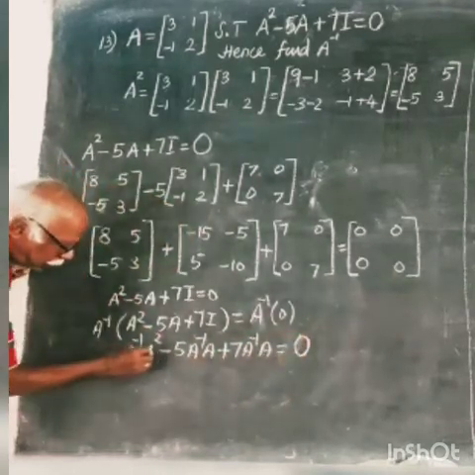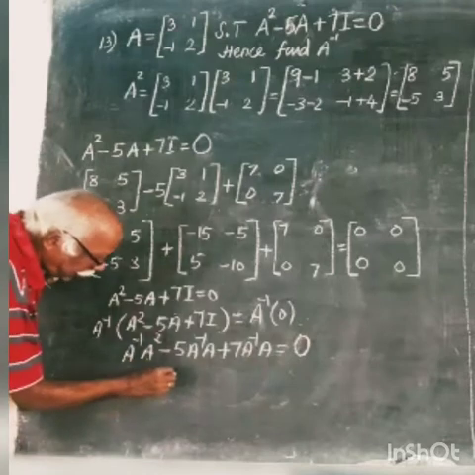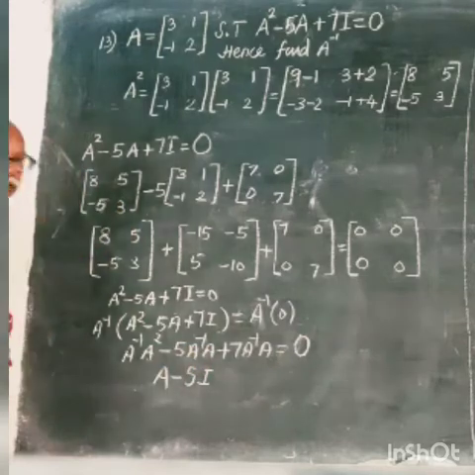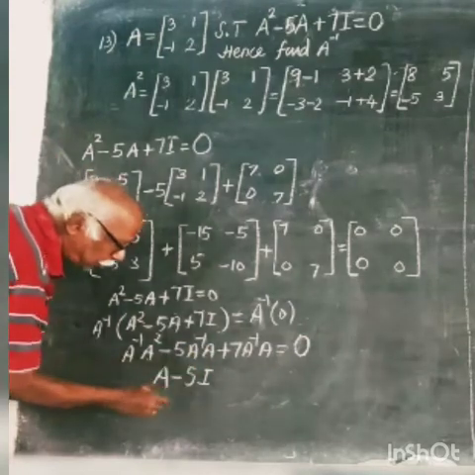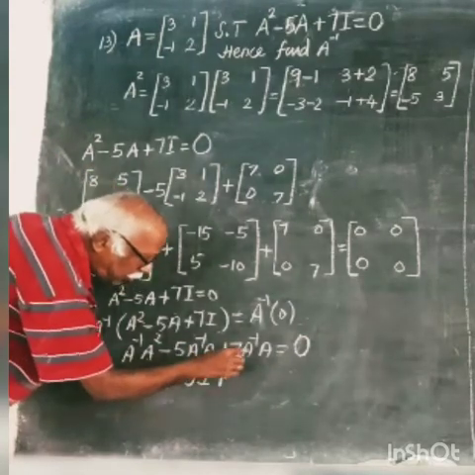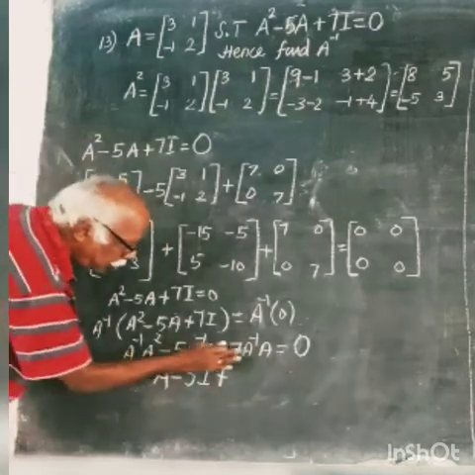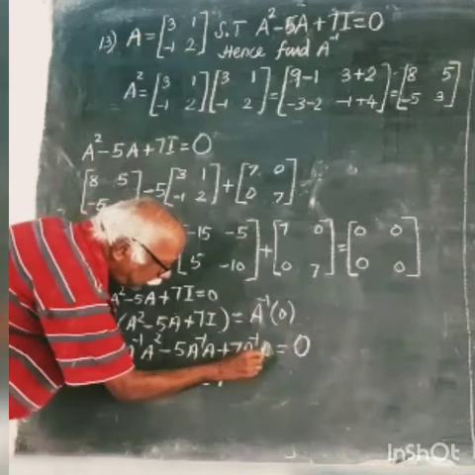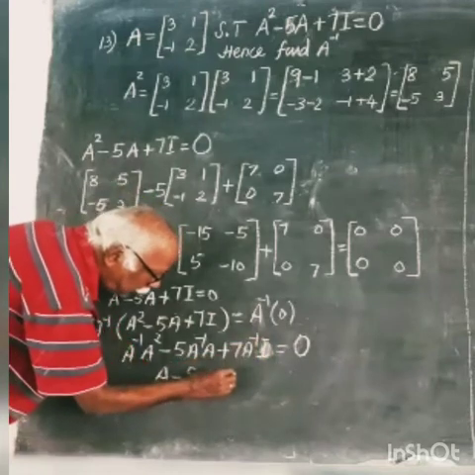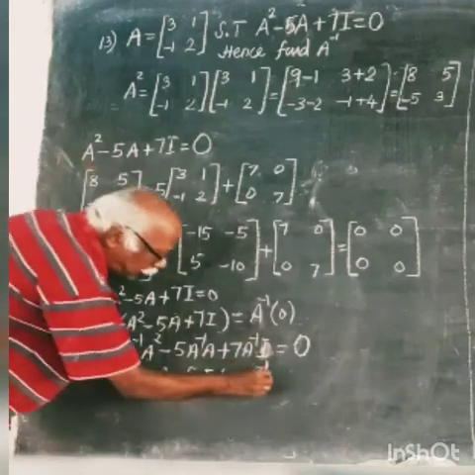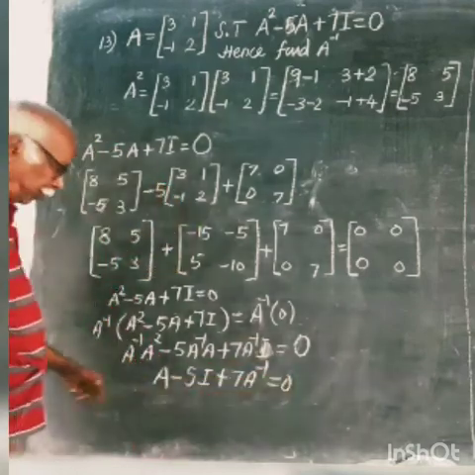A into A inverse is I. We got the property A into A inverse is equal to I. So A minus 5I plus 7A inverse is equal to 0.